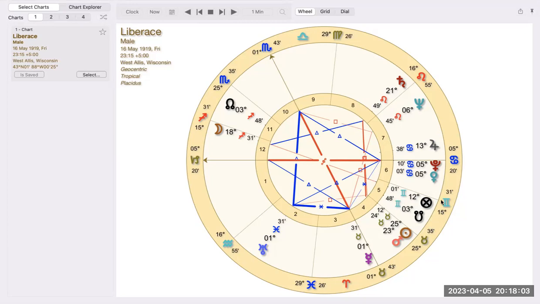Gemini is actually sitting on the cusp of the next house. Both of these planets are actually in the 6th house, because the cusp of the 6th house is at 15 degrees. This is the Part of Fortune and the North Node. Anyway, nobody cares about them.